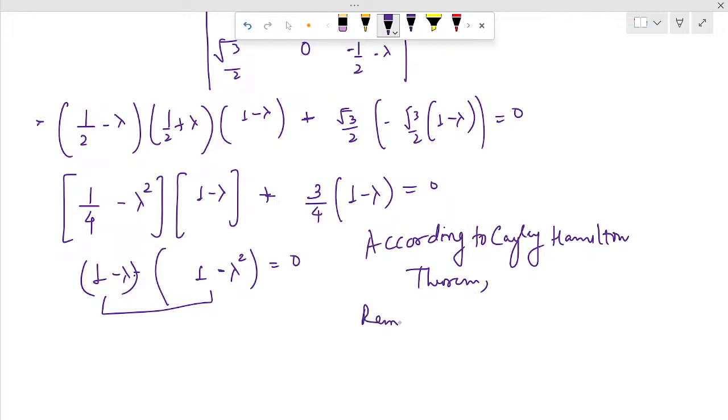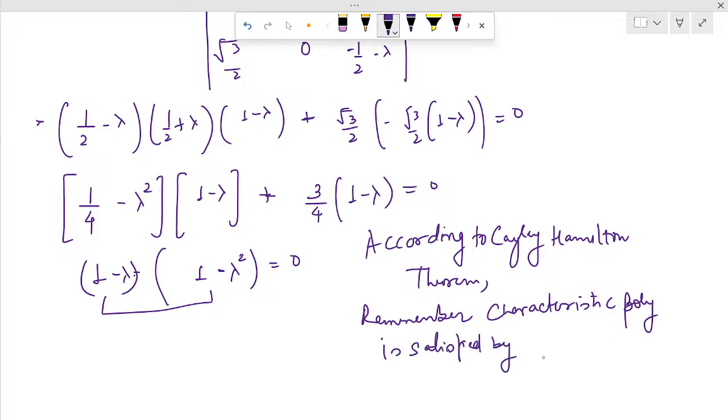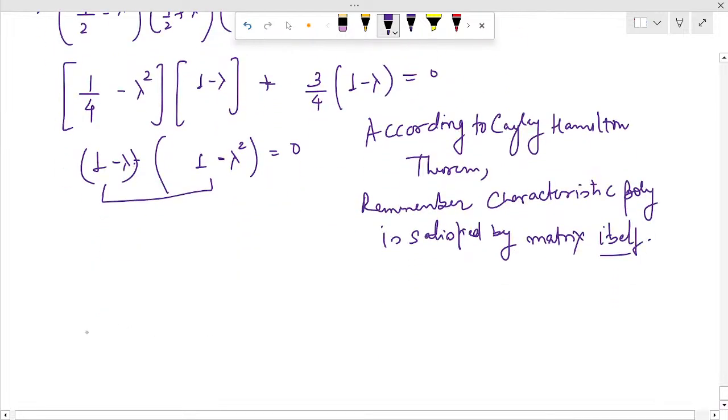Remember, the characteristic polynomial is satisfied by the matrix itself. So if I do that, I know that h square would be equal to identity.